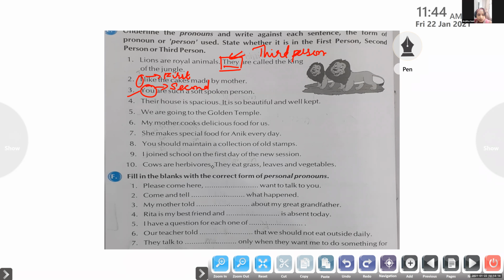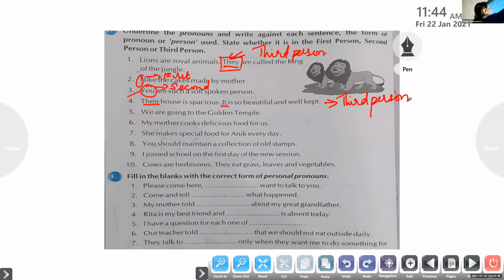Their, yes. Is there any other pronoun in the sentence? It, yes. And those two pronouns stand for which person? Both of the pronouns, their and it, stand for third person. Very good.